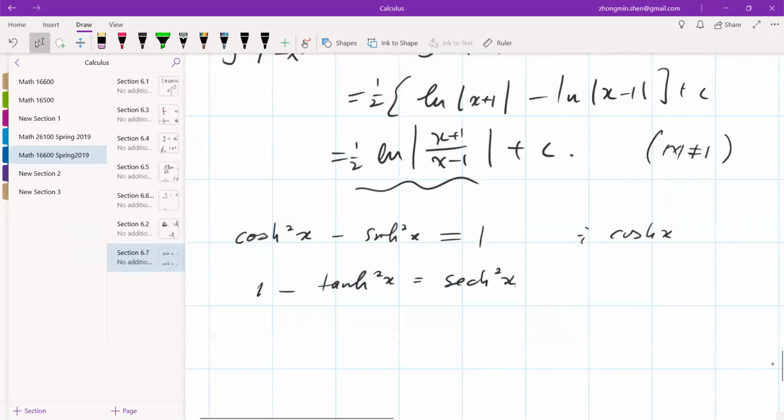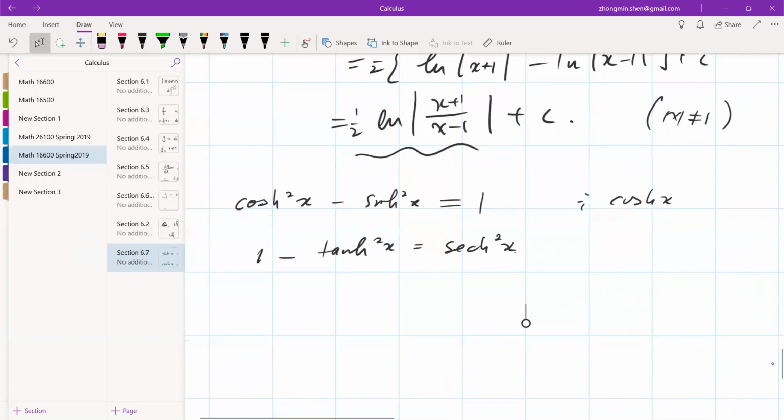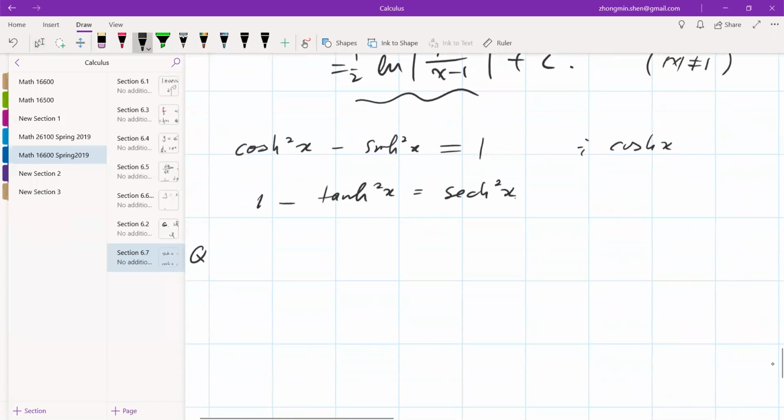Sine and cosine are like the positive side, and hyperbolic sine and hyperbolic cosine are on the negative side. So here the difference is going to be 1, not the sum of them. Cosine squared plus sine squared equals 1. Now here, hyperbolic cosine squared minus hyperbolic sine squared is going to be 1.